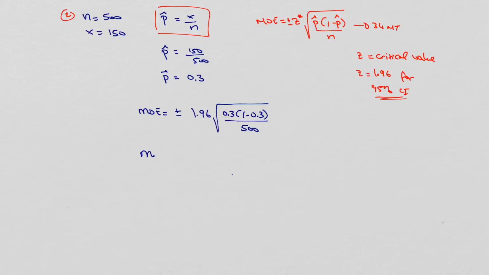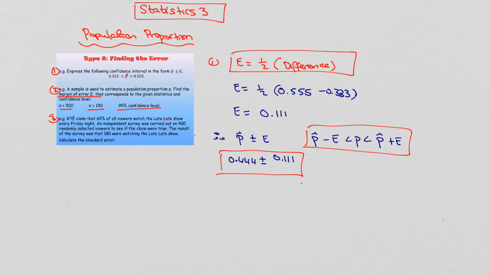And therefore our margin of error is going to be 0.040168. And that's all it asks for here. It just says find the margin of error, so we don't need to set up our confidence interval, just the margin of error.